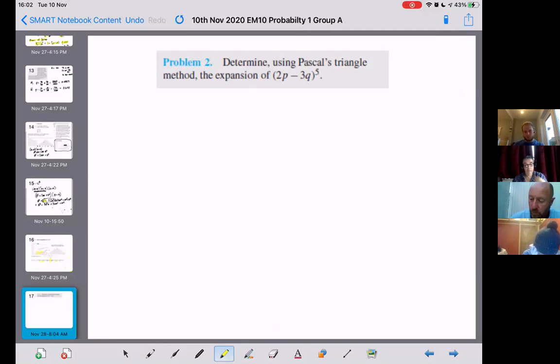And then it would go 2p and then 2p q. If we use the previous example, hang on. Minus 3q anyway, wouldn't it, actually? Yeah, minus, not plus.